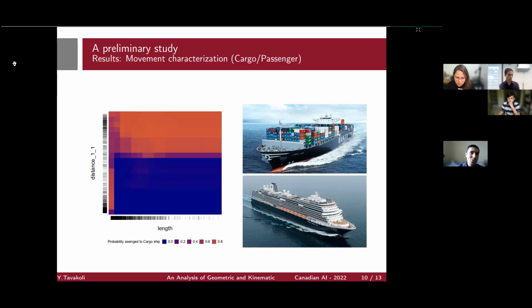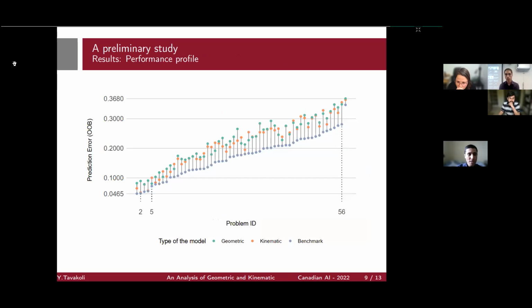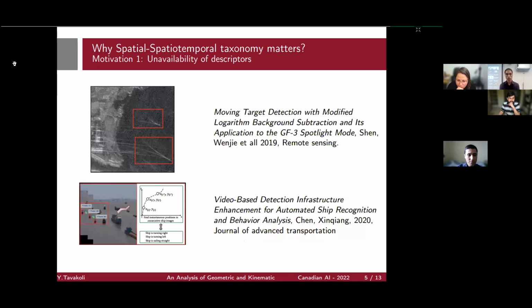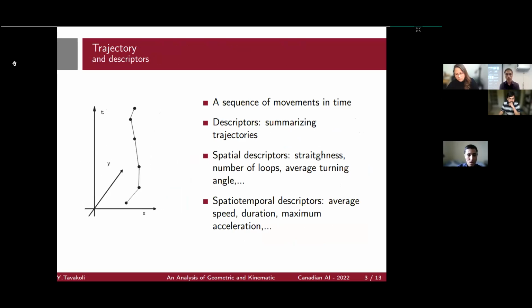All right. So the motion, the kinematic, it's basically a term from physics, right? So under spatial temporal descriptors, you would see some of the classical example of motion, like acceleration and speed.